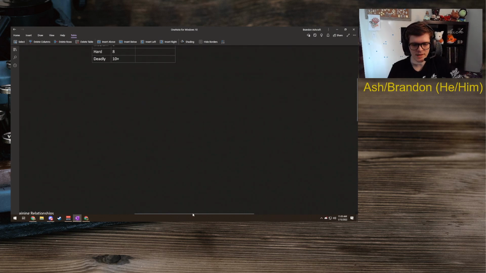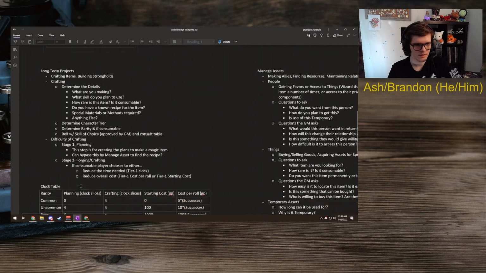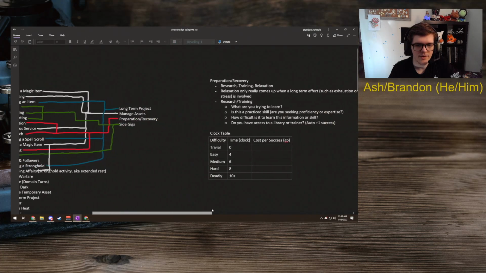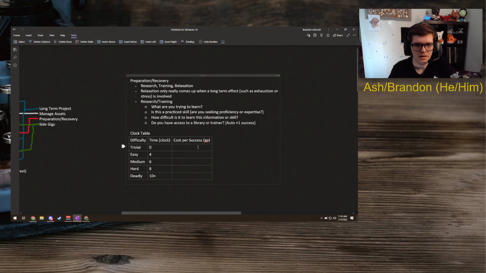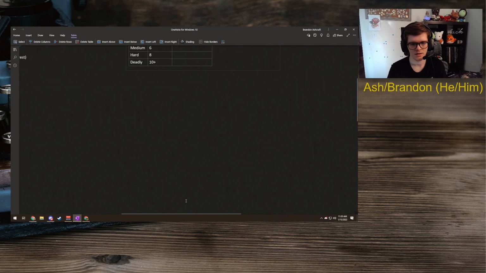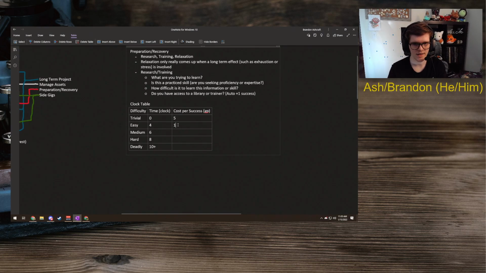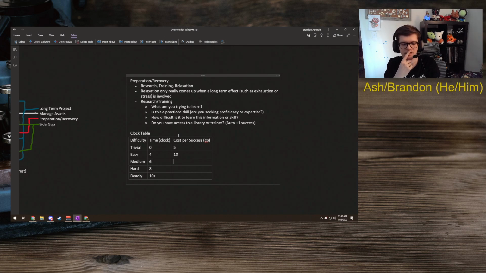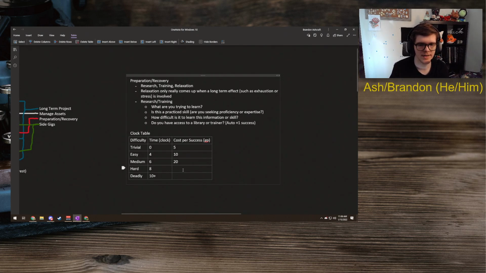And then cost per success. What did I do on 5, 10, 100,000, 5,000? I don't want to go that far. Should cost more, because you're paying someone for access to the information so that you can learn it. 5, 10, 20, 25, 50.